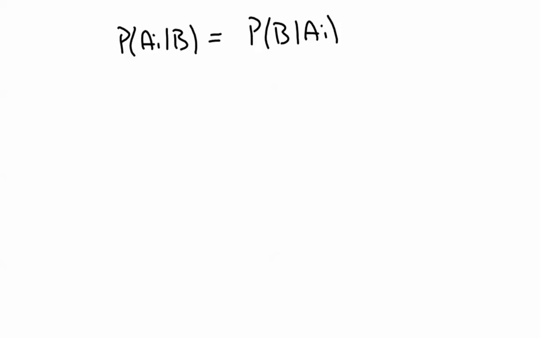Let's write Bayes' theorem down one more time. Probability of A sub I if B equals probability of B if A sub I times the probability of A sub I divided by the summation.